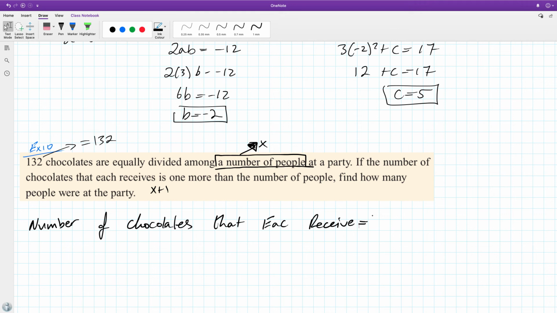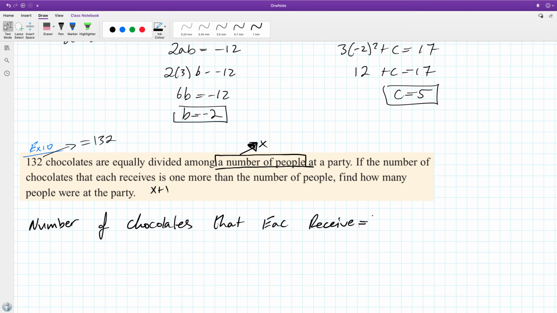How many chocolates is each person going to get? 10, 100 divided by 10. If there's 120 chocolates and 12 people in a room, you're going to get 10, 120 divided by 12. What did you do? You divided the number of chocolates by the number of people in the room.